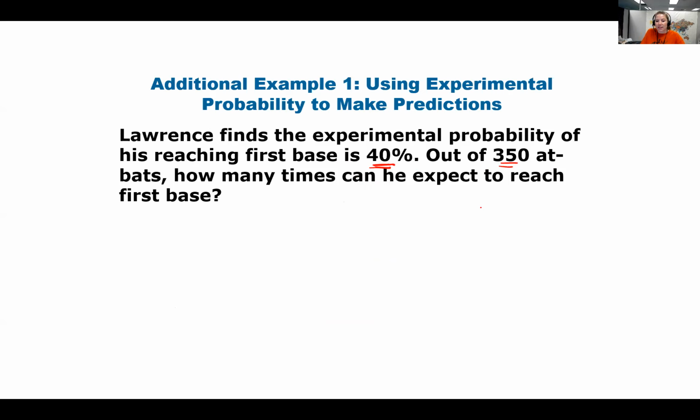So 40% is, as a decimal, 0.4 or 0.40, same thing. So basically, we want to know what is 350 times 0.4, and I got 140 times. 140 times he would reach first base based on his experimental probability.